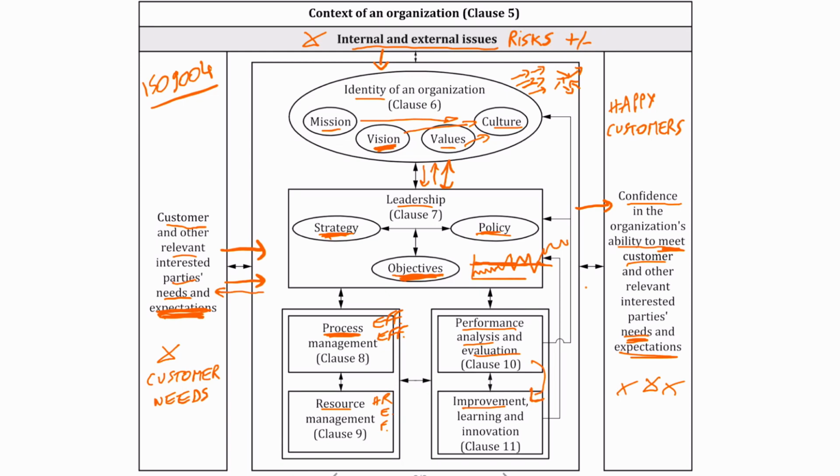Now let's look at this one here also. It's not only in that direction, meaning that doing a good job in all of these things in the middle will allow us to meet their needs and expectations, but it's also in this direction.